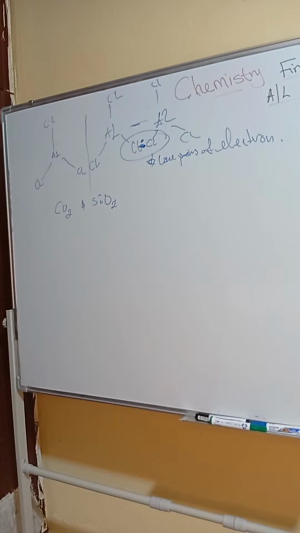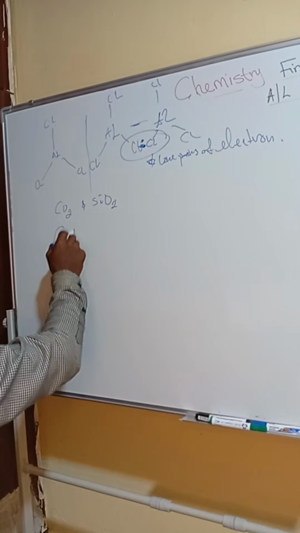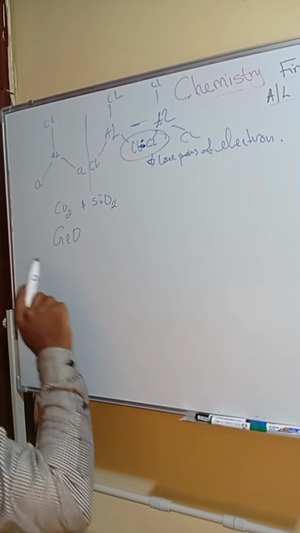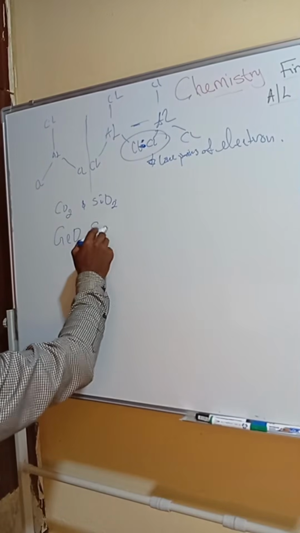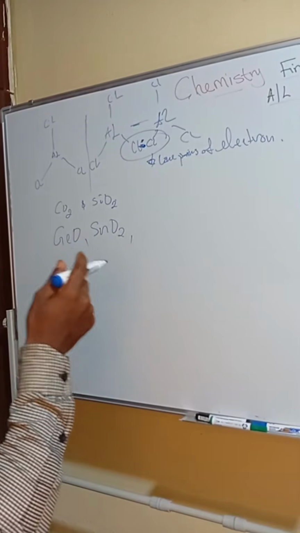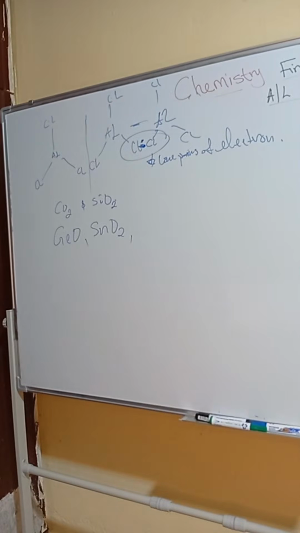Now, amphoteric, I don't even need again to read. We have germanium dioxide, tin dioxide, and lead monoxide.